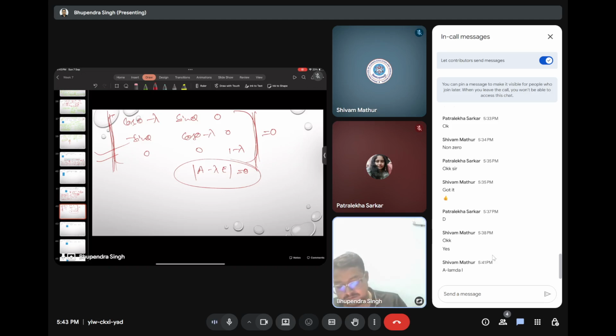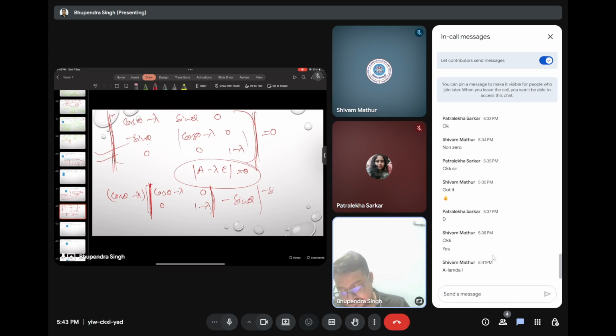So it will be cos theta minus lambda, and the rest of this, cos theta minus lambda, 0, 0, 1 minus lambda. This is because here also a determinant is there. Now minus sin theta. This is how you find the determinant.